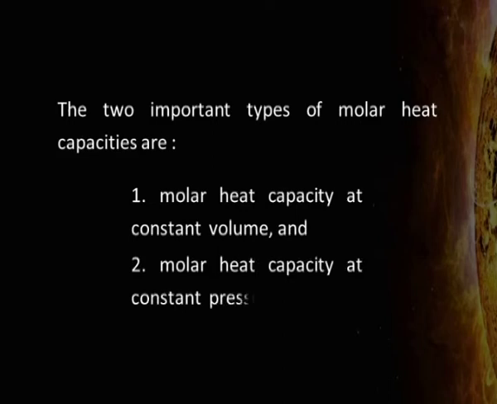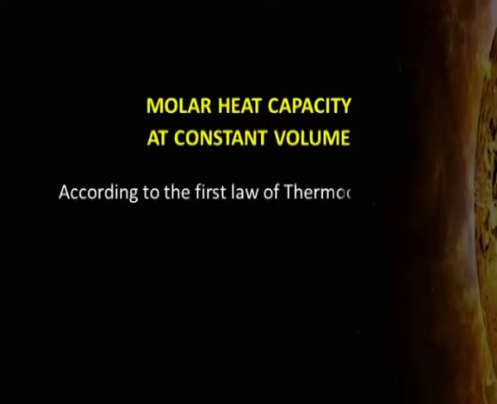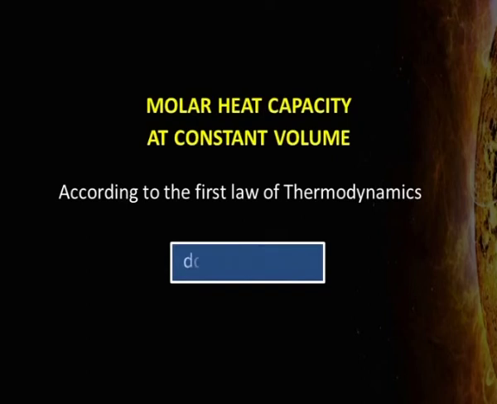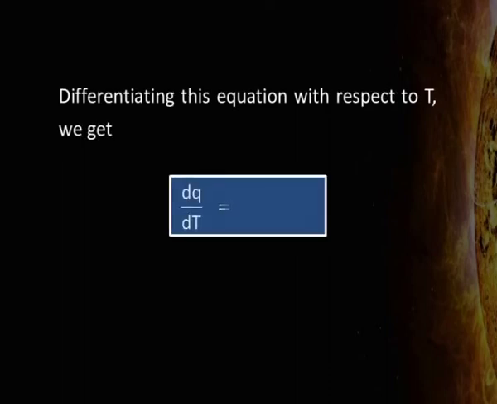The two important types of molar heat capacities are molar heat capacity at constant volume and molar heat capacity at constant pressure. First, we are going to discuss molar heat capacity at constant volume. According to the first law of thermodynamics, we know that dQ is equal to dE plus PdV. Differentiating this equation with respect to T, we get dQ by dT equal to dE plus PdV divided by dT.